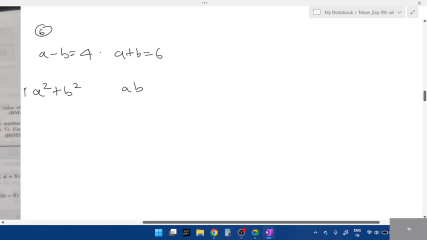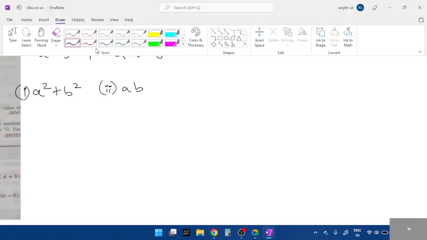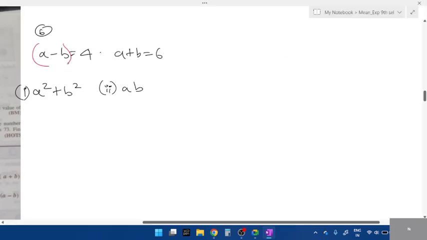Okay. Look at the first question. When both the degrees are given, what's the degree for both? 1. If both the degrees are 1, there are only two things I told you. One, you can either add them or subtract them.